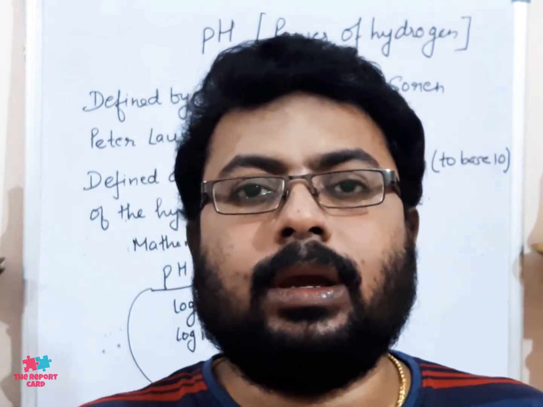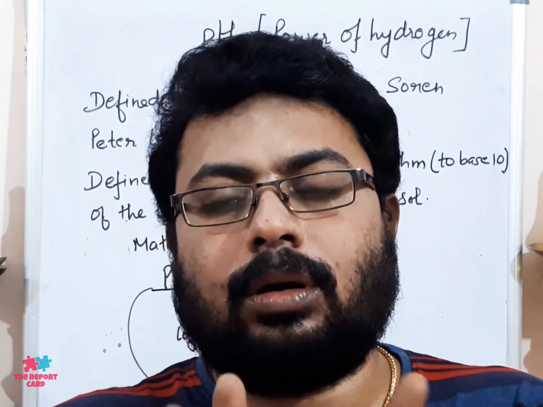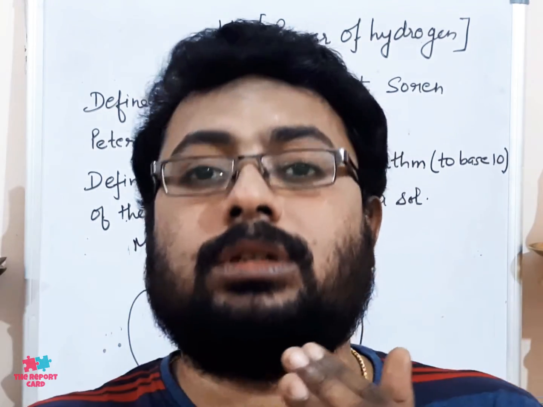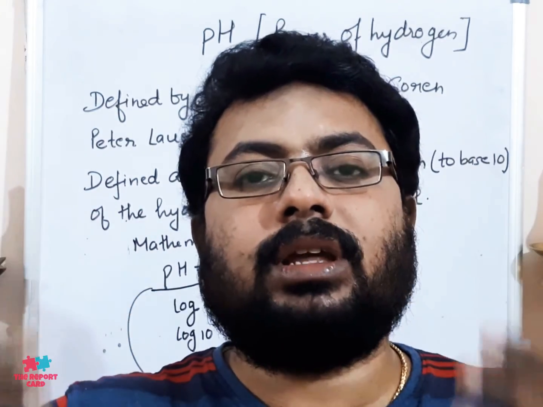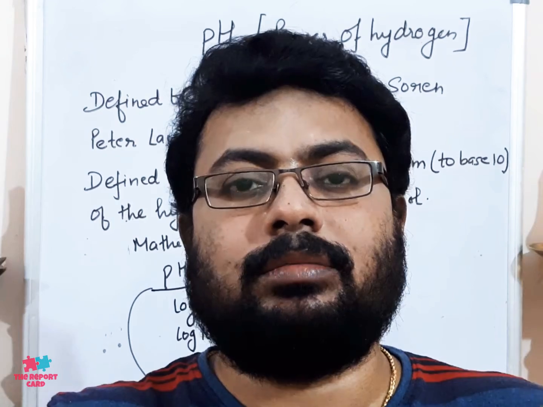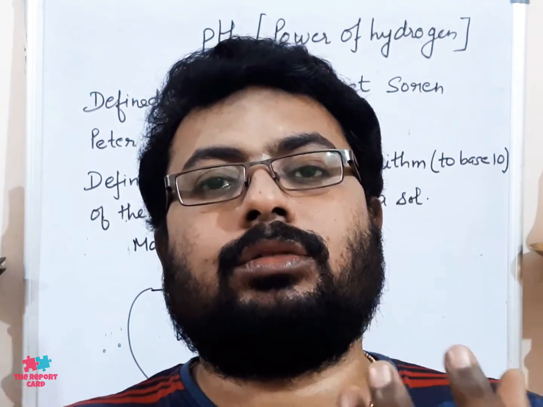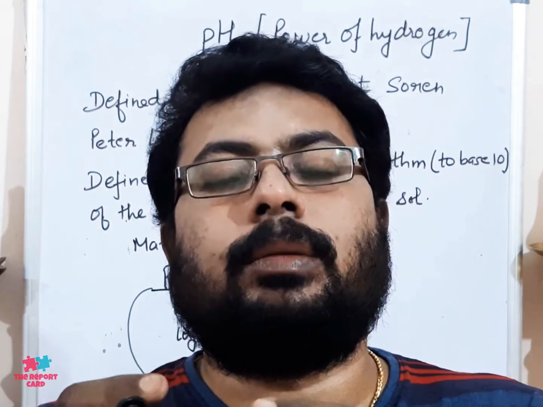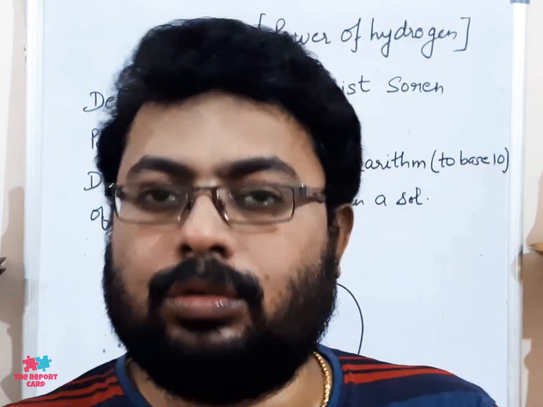If the hydronium ions, or you can say hydrogen ions, and hydroxyl ions are in a balanced condition, that means the number of hydroxyl and hydrogen ions are the same, then that particular solution will be neutral.